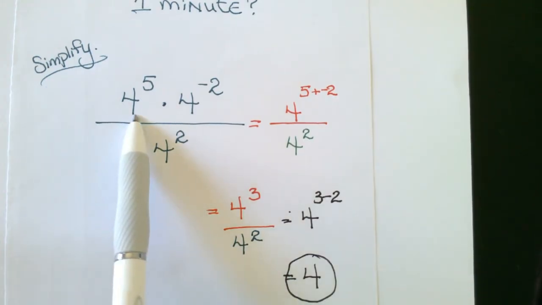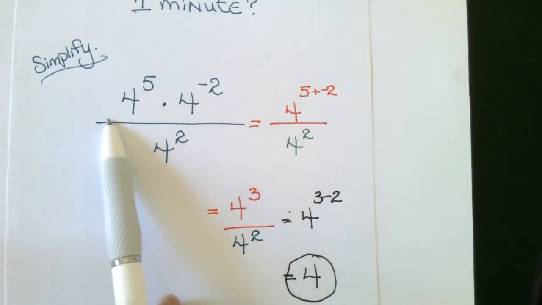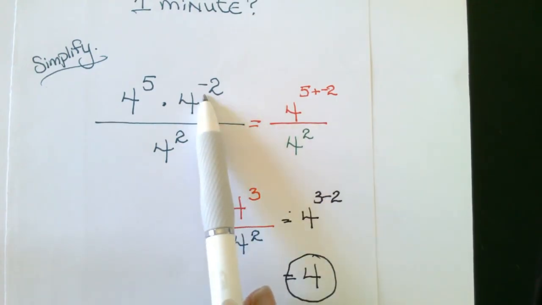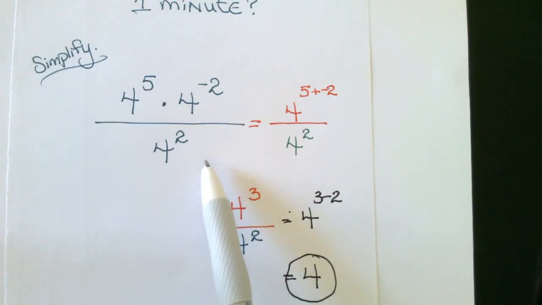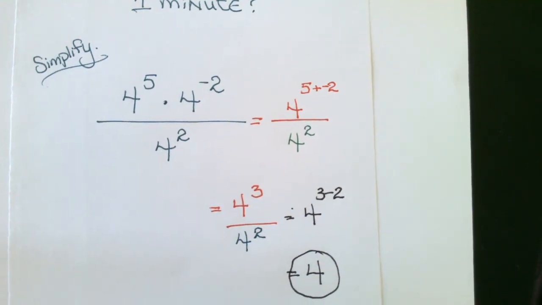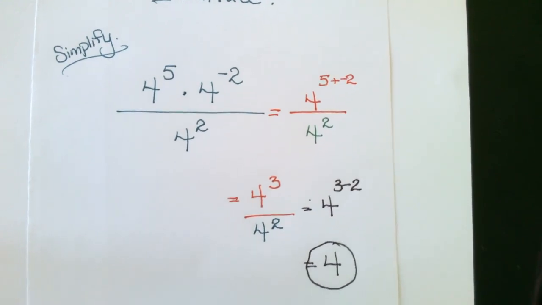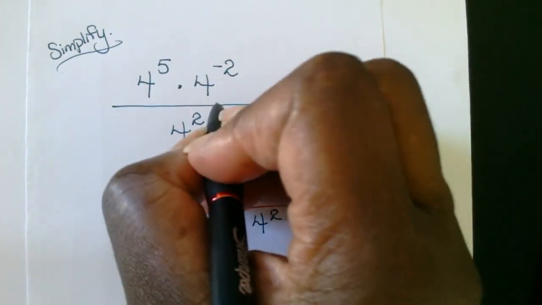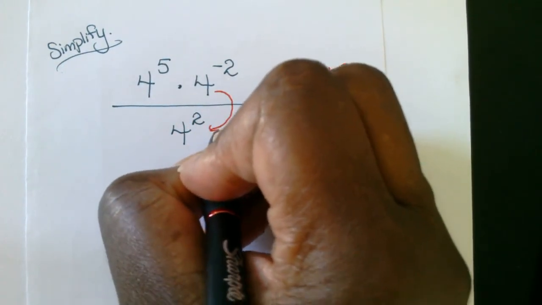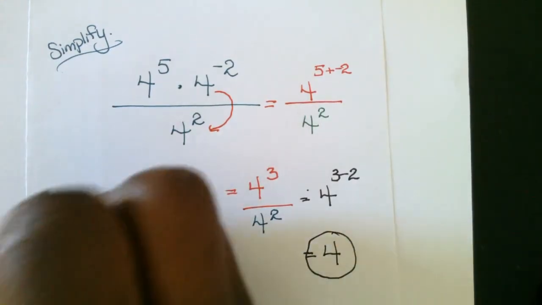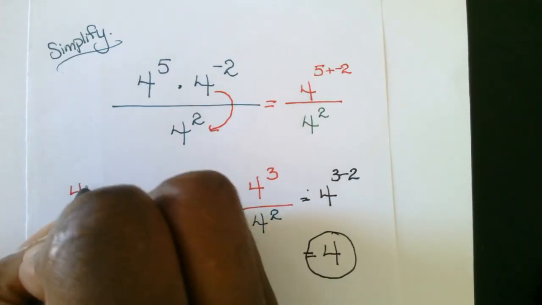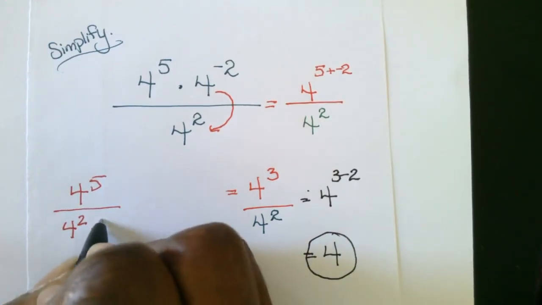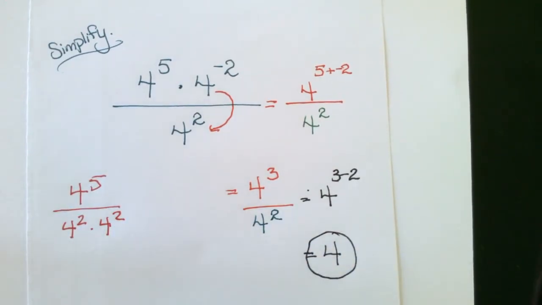So you don't have to find what 4 to the third power is, which is going to be a lovely number. Okay, then you don't have to, let me move that 4 to the second power down here in the denominator, because that's another way you can do it. Anytime you have a negative exponent, you can move it down into the denominator to make it positive. So that would have been 4 to the fifth over 4 to the second times 4 to the second.